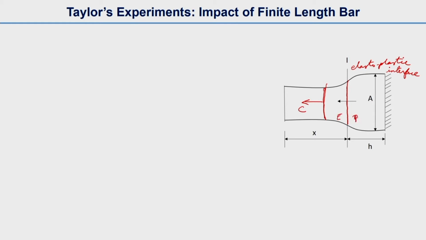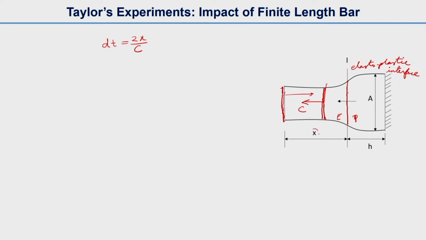So how much time does it take for the elastic wave front to go forward, reflect back at the free surface, and reach the elastoplastic boundary again? We can call the time taken dt, twice x by c.